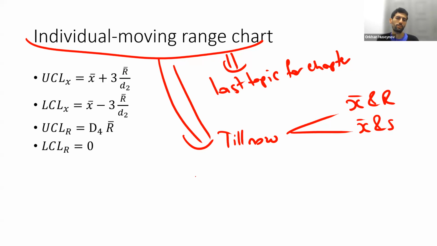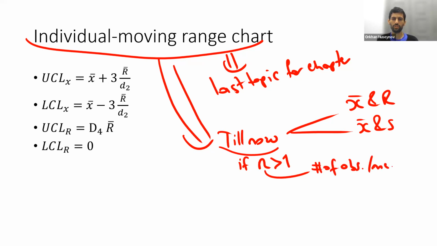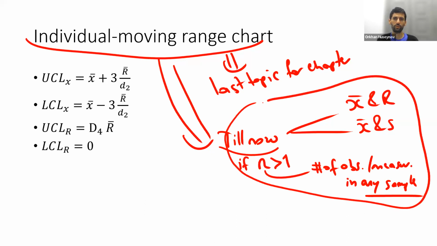These are good if n is greater than 1. If you remember, n is the number of observations or measurements in any sample.